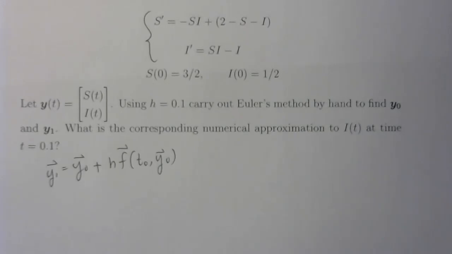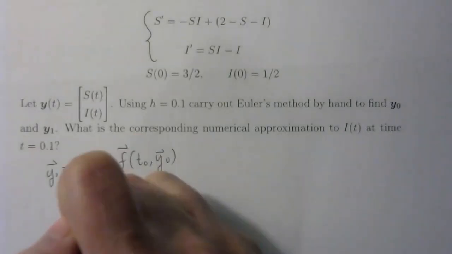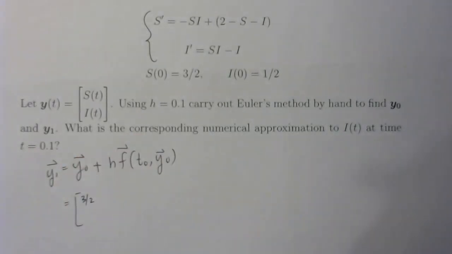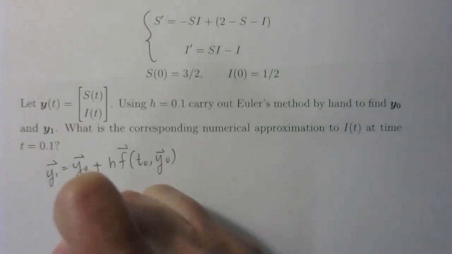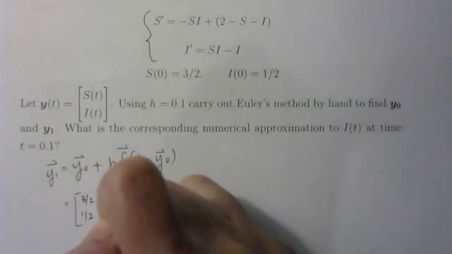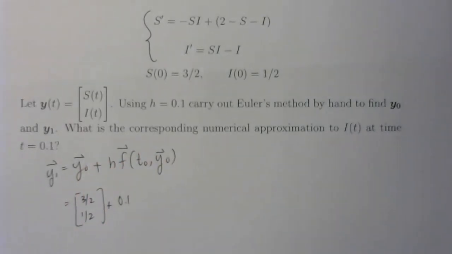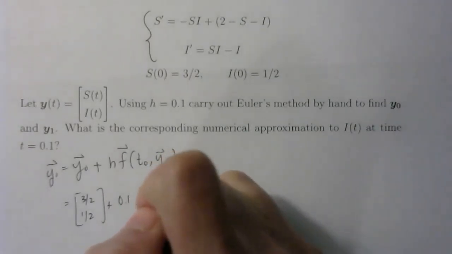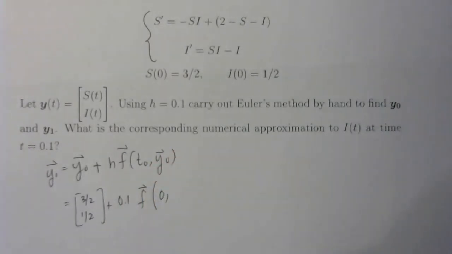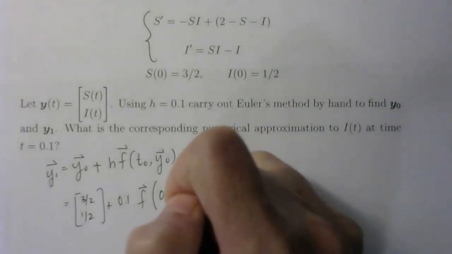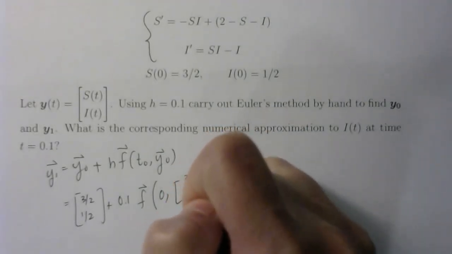So y0 is my initial condition for s, so 3/2, and for I, 1/2, plus h, which we've set at 0.1, times f of 0 and y0, which is 3/2, 1/2, right?